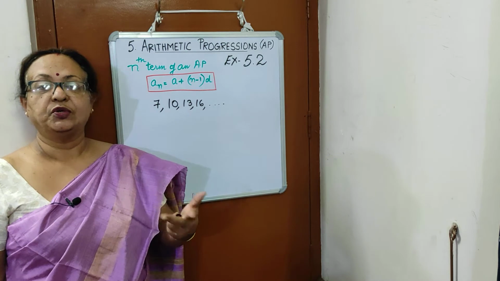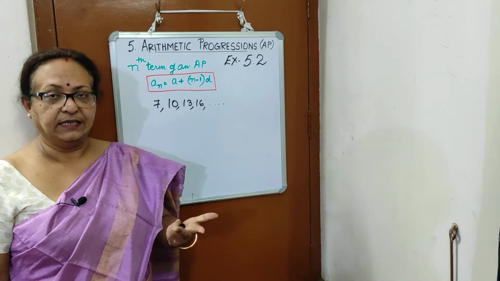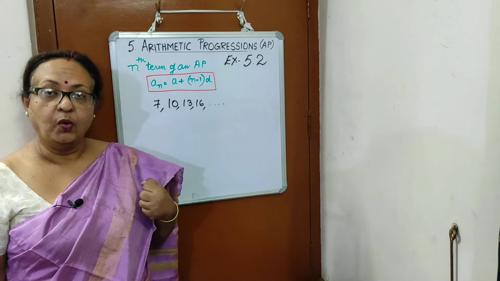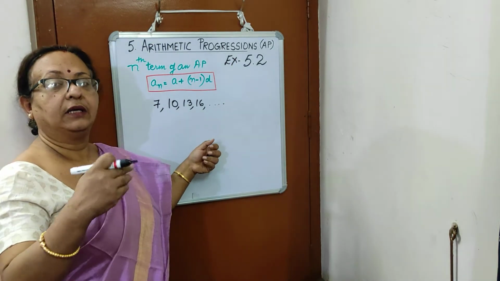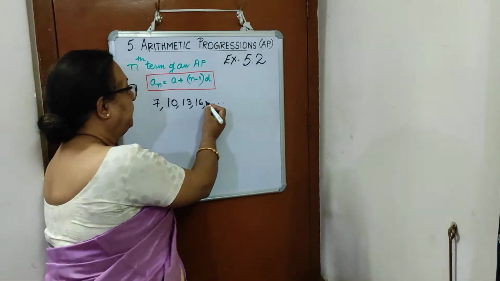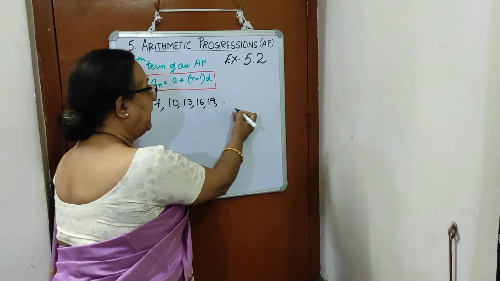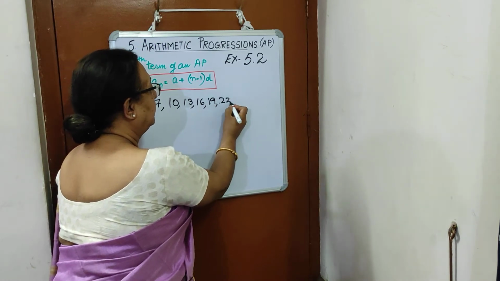Now suppose I ask you to write the 8th term. Can you write it? Very easily you can write it. How? You can just count by 3. What will the next term be? 16 plus 3. Next term 19 plus 3.